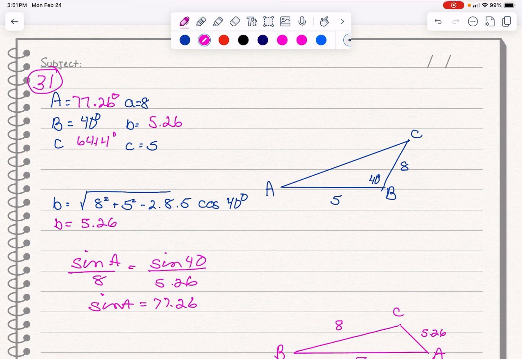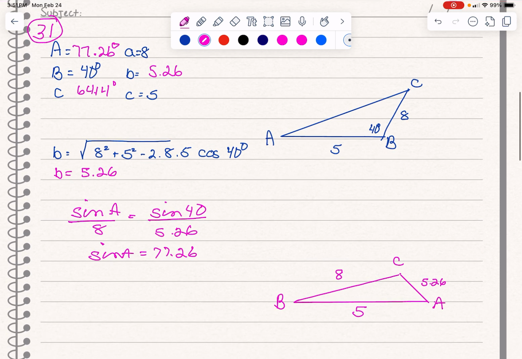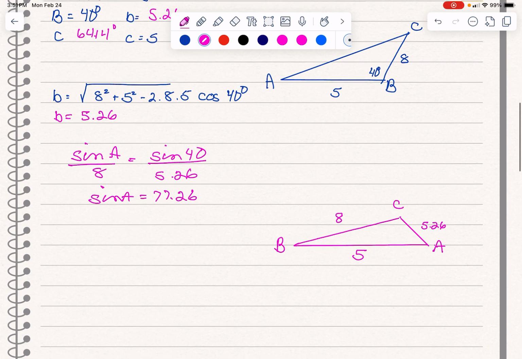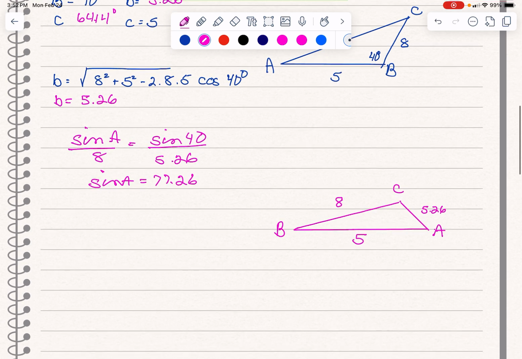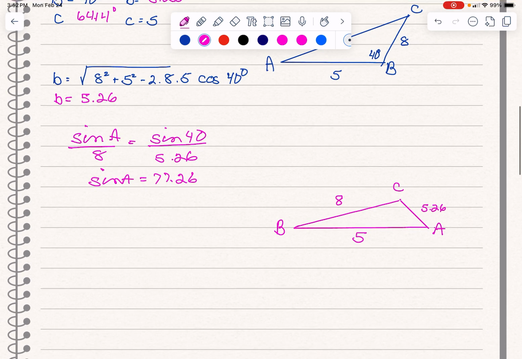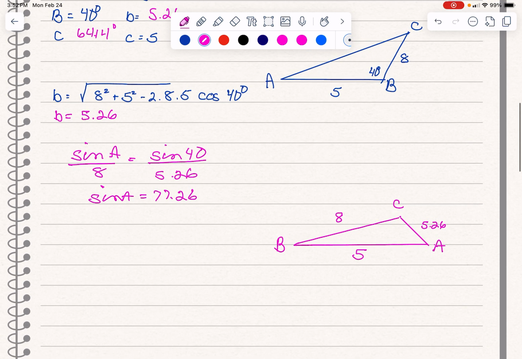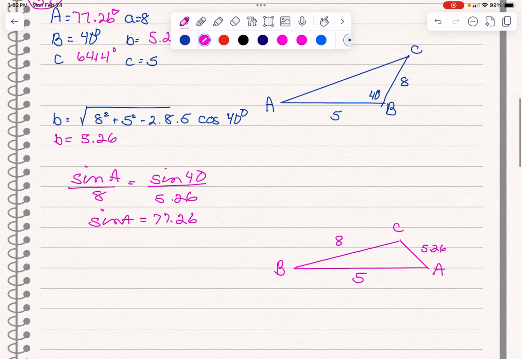We didn't recognize that this was the ambiguous case, and we should have considered both solutions. I want you to pay close attention to this because number 36 is a lot like this, but you don't use the cosine law on number 36. Remember that the height is less than A, which is less than B. That's the ambiguous case.